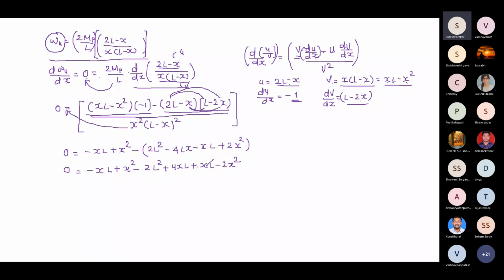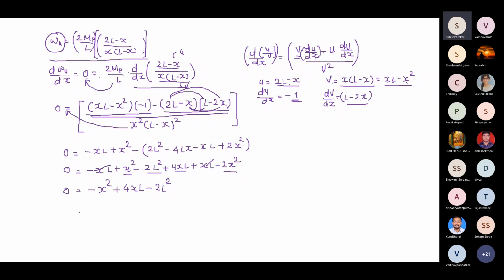So this xl gets cancelled. Then x square minus 2x square becomes minus x square. Then 4xl plus 4xl minus 2l square.